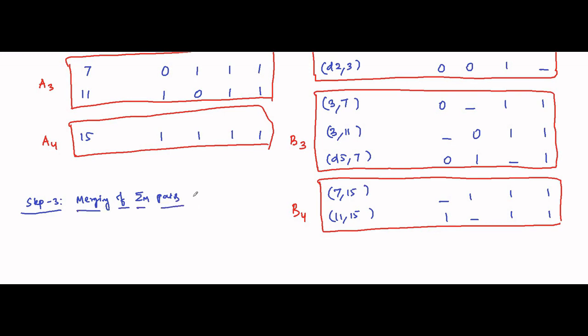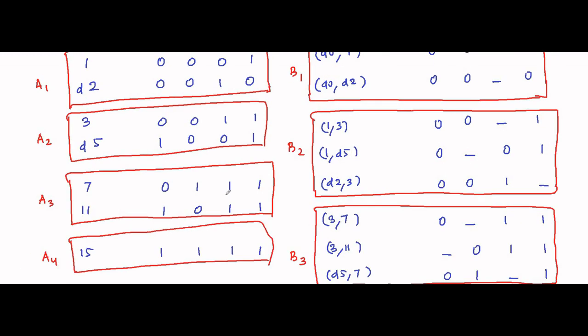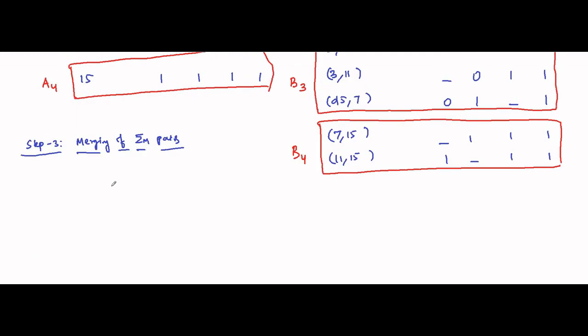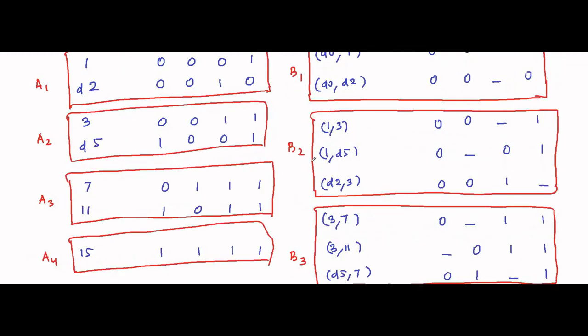Here, the merging of minterm pairs that exist between group B1 and B2 are D01, D23 with binary representation 00 dash dash, and D02 and 13 with binary representation 00 dash dash.